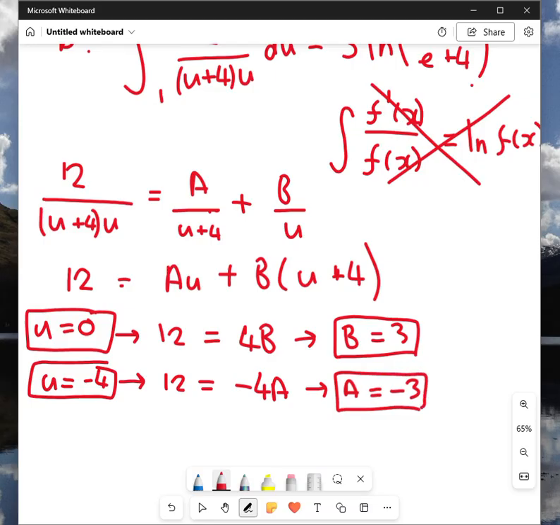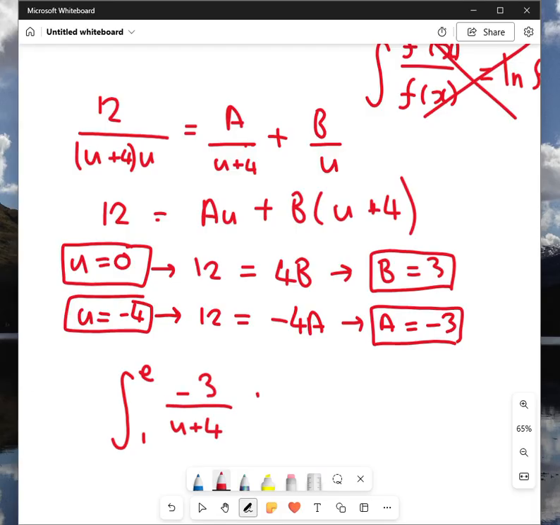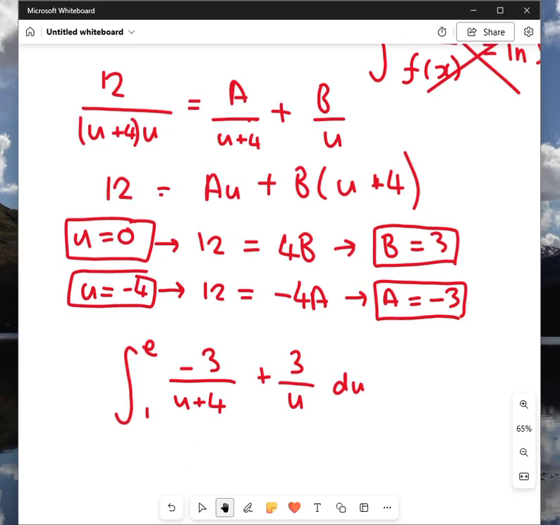So now we can rewrite our integral like so with our partial fractions. So our limits were e and 1, and then A was minus 3, so it would be minus 3 over u plus 4, and then plus 3 over u with respect to u.